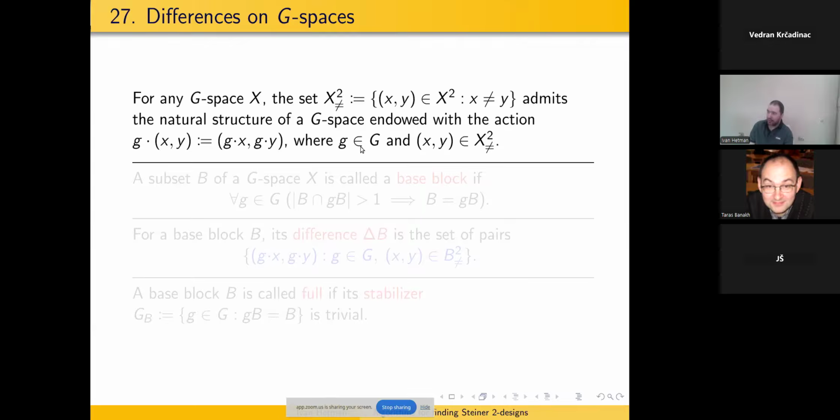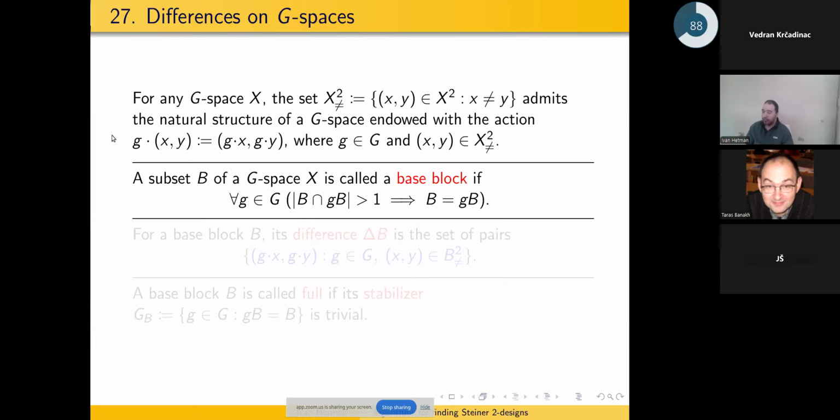As you can see, the action on a G space X can be extended to X squared. Actually, it can be extended to any cardinality of Cartesian product, not necessarily X squared. I actually made specific generalizations that also work with bigger cardinalities. But we are talking here about Steiner 2 designs, so we need only the set X squared not equal.